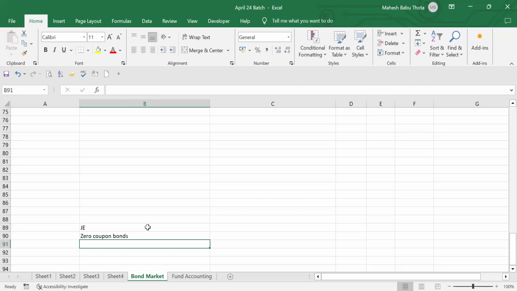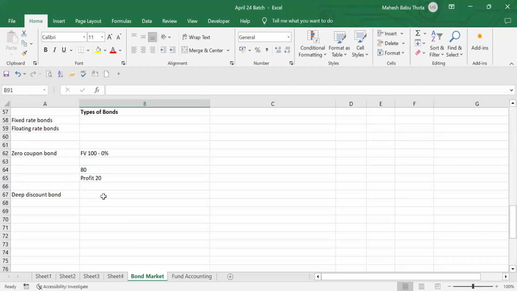Normally, if I'm purchasing a normal bond at a discount or premium, that won't be a problem to write the journal entry, but it may be a problem for zero coupon bonds. That's the reason we'll talk about it. So deep discount bonds also we covered.